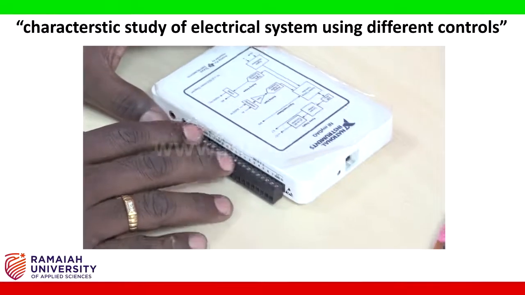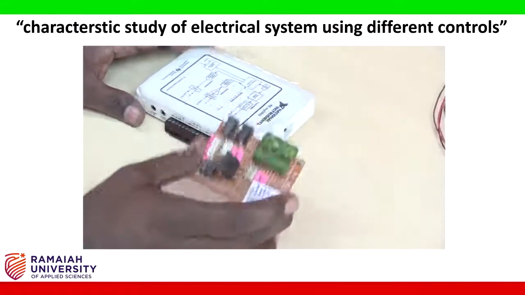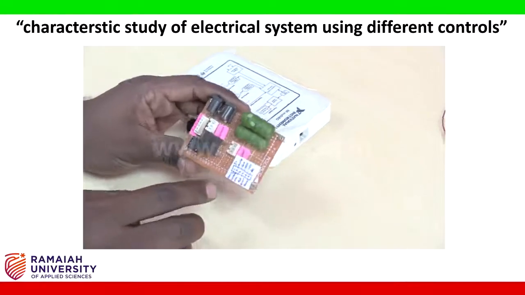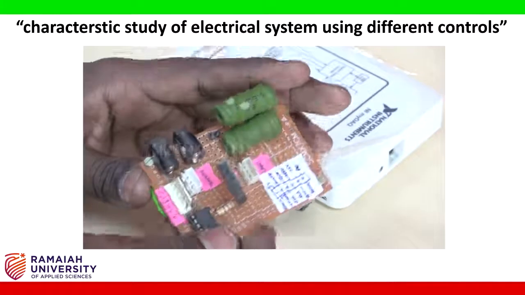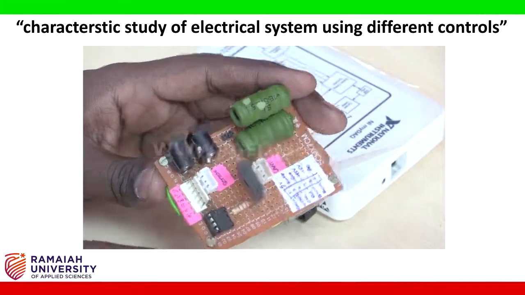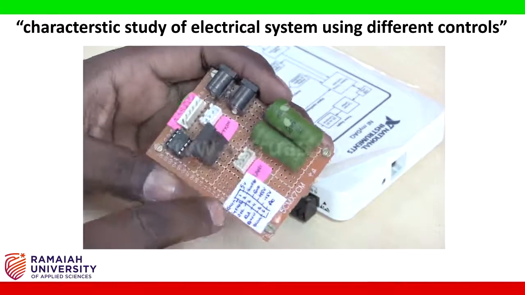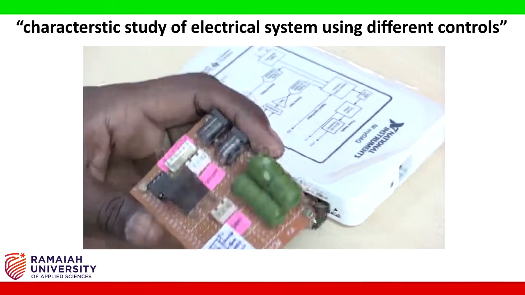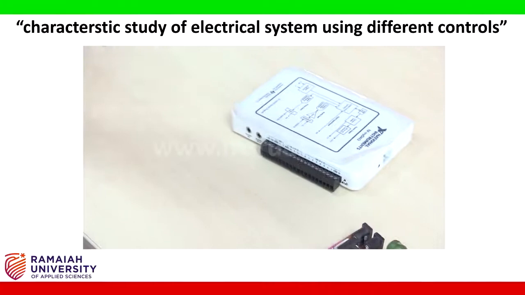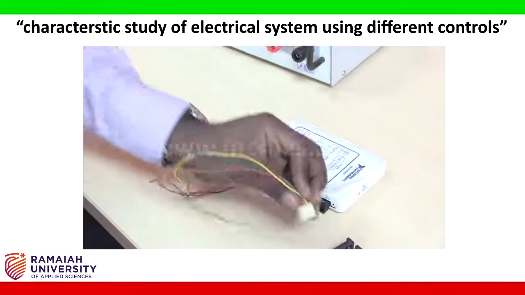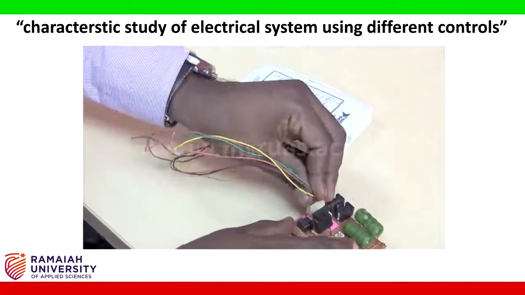Now the board which has been developed in-house has a 6-pin connector here. The 6-pin connections have been written over here. Now we will take a 6-pin connector and connect it here.